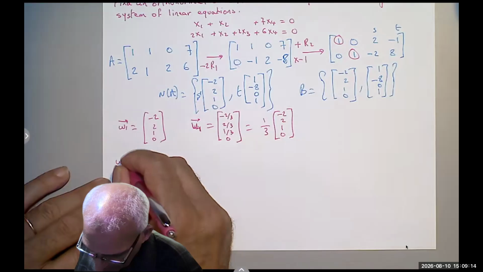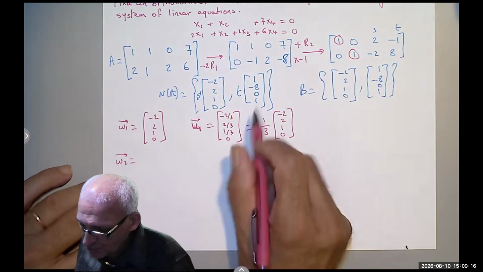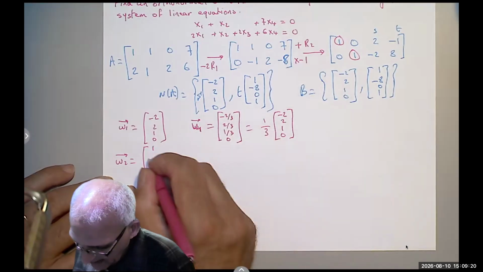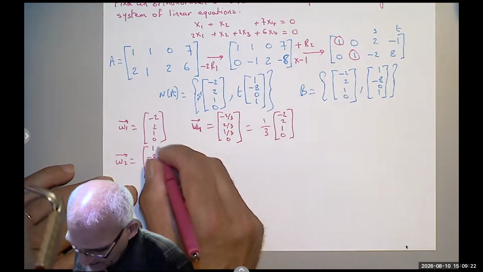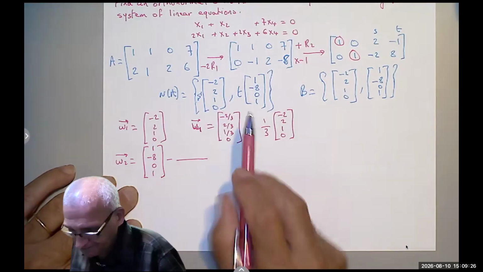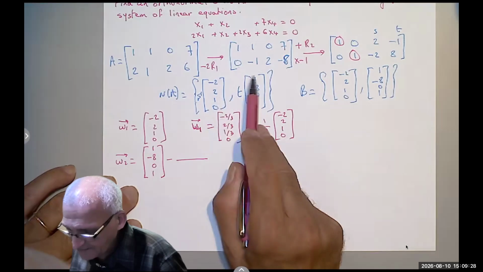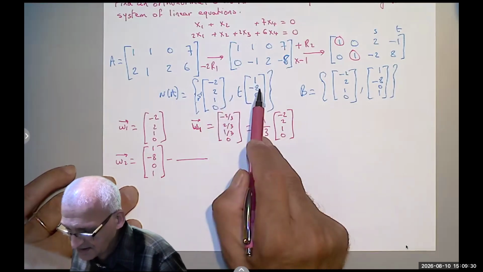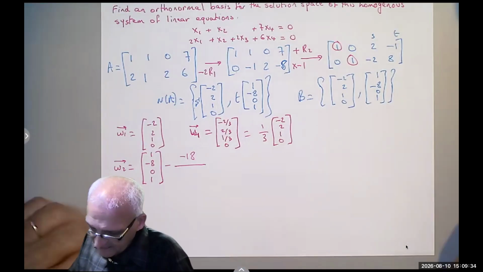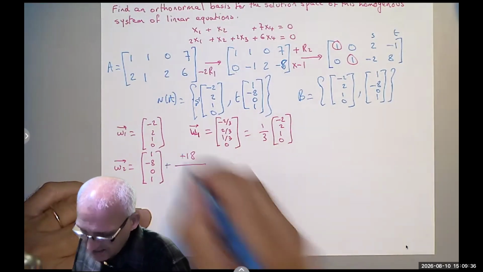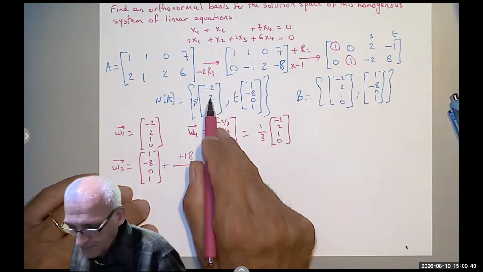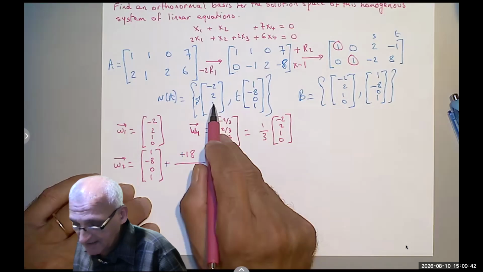Now, when I go to W2, it's going to be V2, the second basis, 1, -8, 0, 1, minus the dot product, which is -2 minus 16 is -18. Notice that negative times negative is positive, so we can do that right away. And the dot product of this by itself is 9.